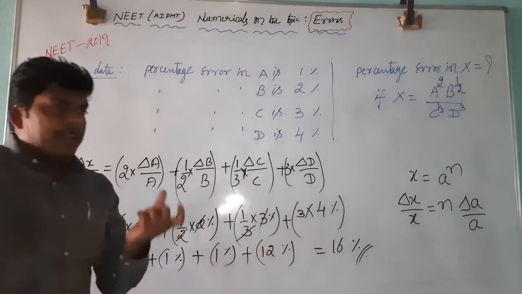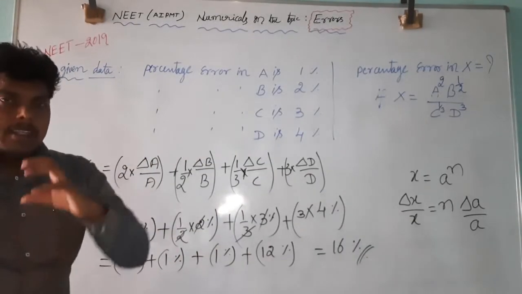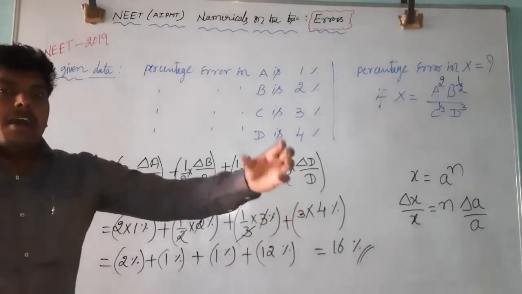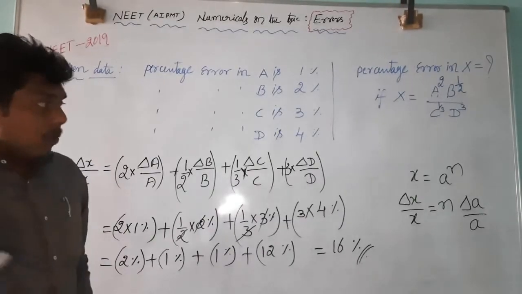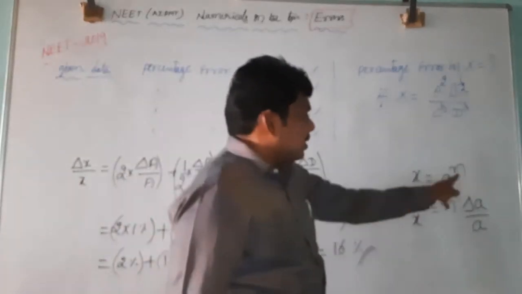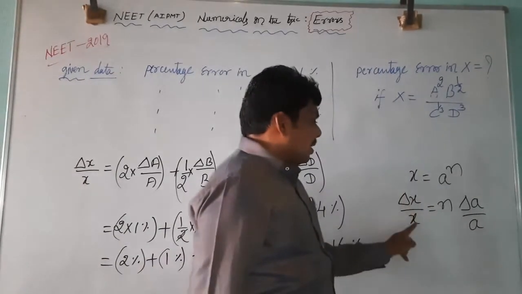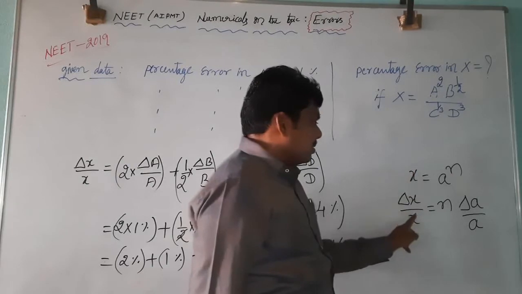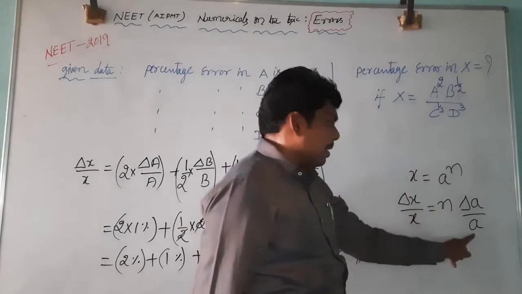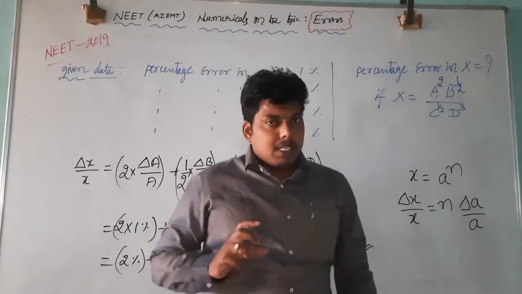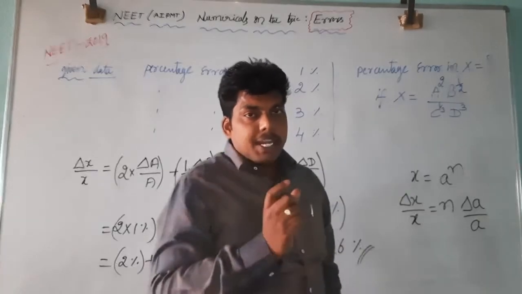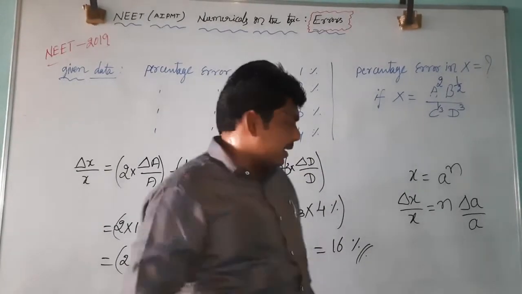Whenever error due to multiplication or division is there, we just add the relative errors in the physical quantities. If it is in the power, relative error in x, that is delta x by x, is nothing but n into delta a by a. And you should remember that whatever the power, whether positive or negative, we should take the magnitude only, not the minus sign.